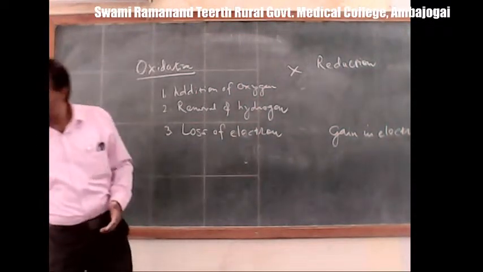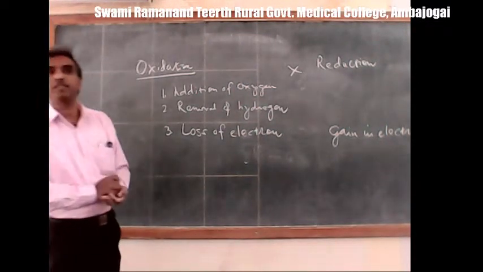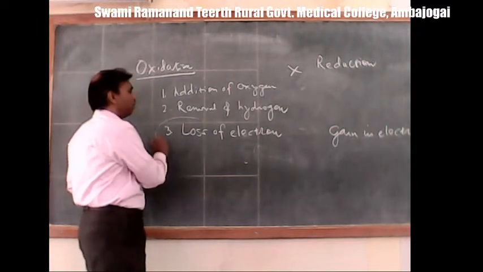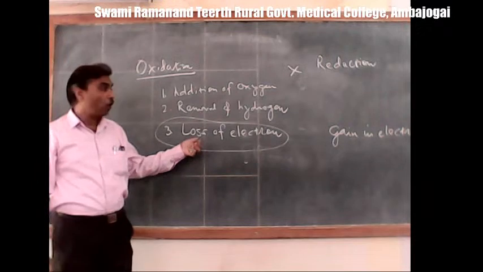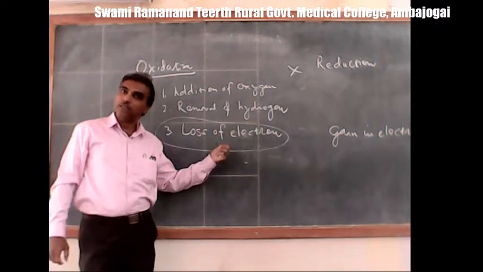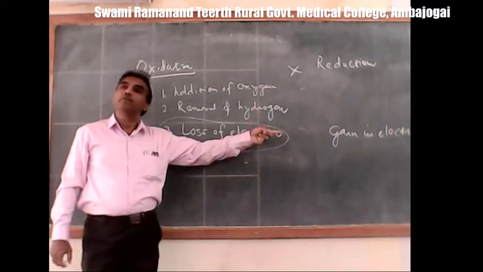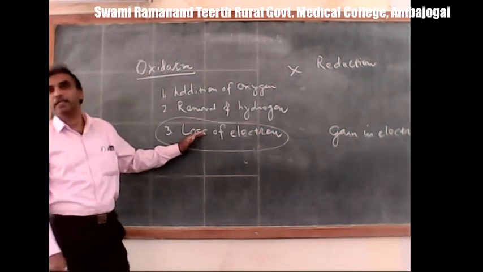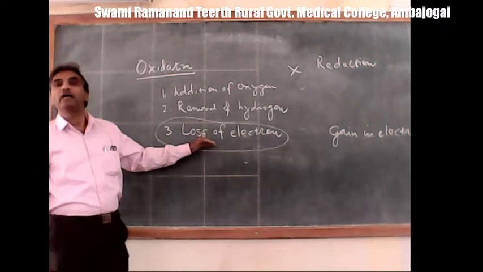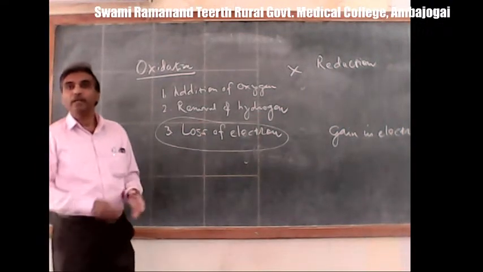So most of the time in biological systems, what we are going to study, this thing happens: loss of electron or gain of electron. Loss is oxidation, gain is reduction. So in the biological system, oxidation reduction occurs with the help of addition or removal of electron.